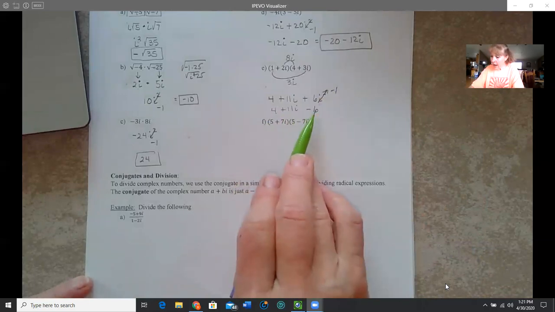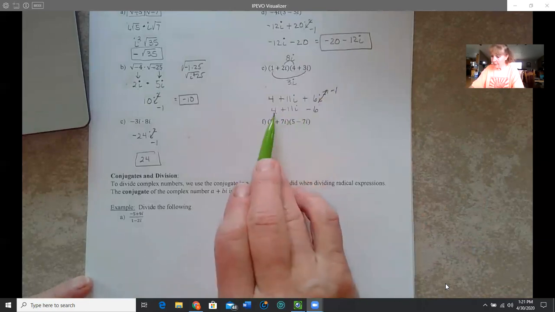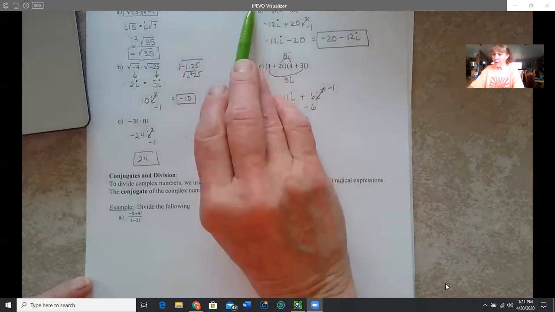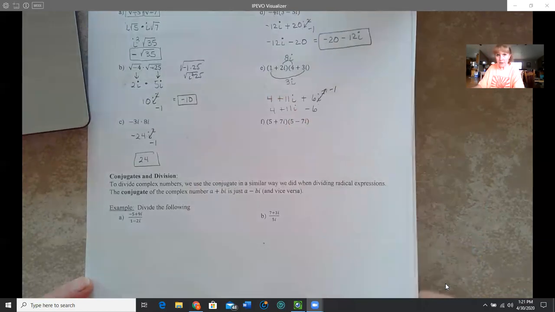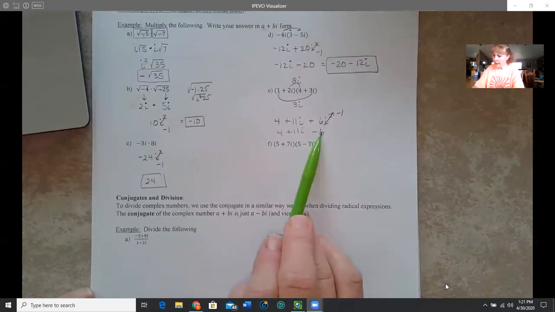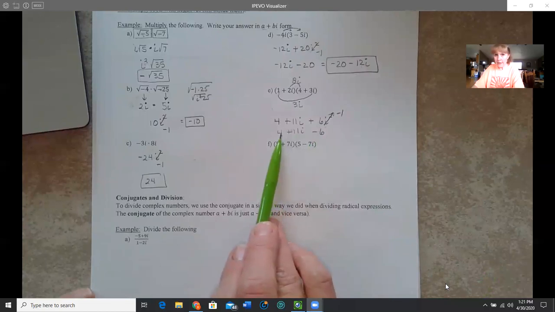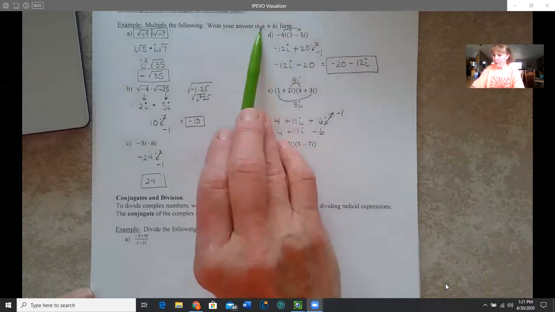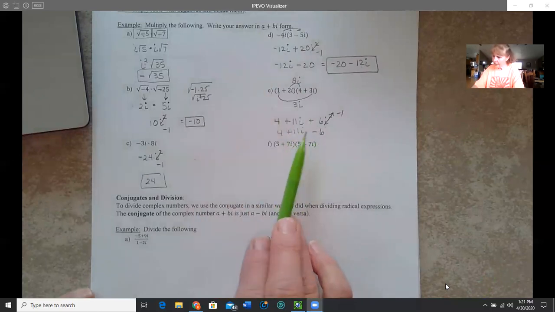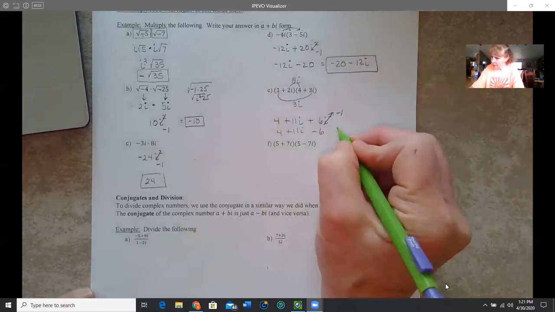Now you can combine the minus 6 and the 4. So I'm going to do the real part. I'm going to do the negative 6 and the 4 that don't have the i with them. That's considered the real part. I'm going to do that first. So negative 6 and positive 4 is a negative 2.